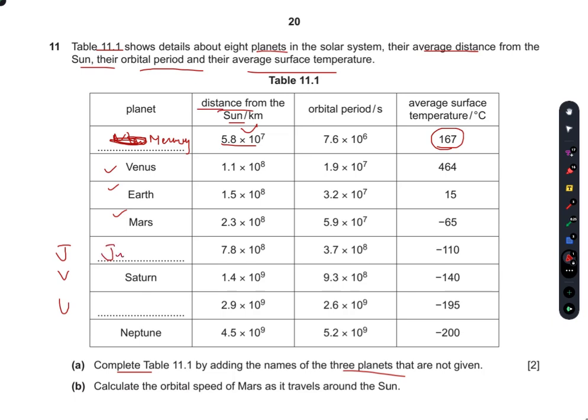So this will definitely be Jupiter here because it is closer to Sun. Uranus has a greater distance from the Sun, and the temperature is minus 110. So yes, Jupiter has higher temperature. Uranus has lower temperature. So it would be Jupiter and then Uranus.